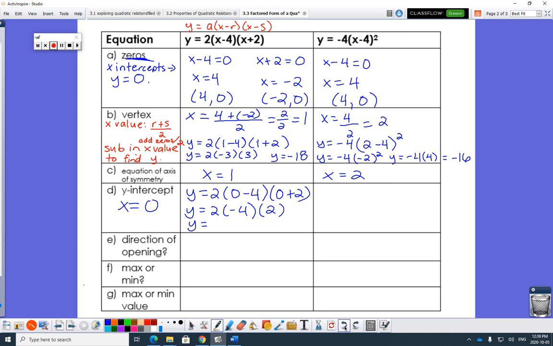So 2 times negative 4 is negative 8 times 2, negative. So again, negative 64, that's an ugly y-intercept.